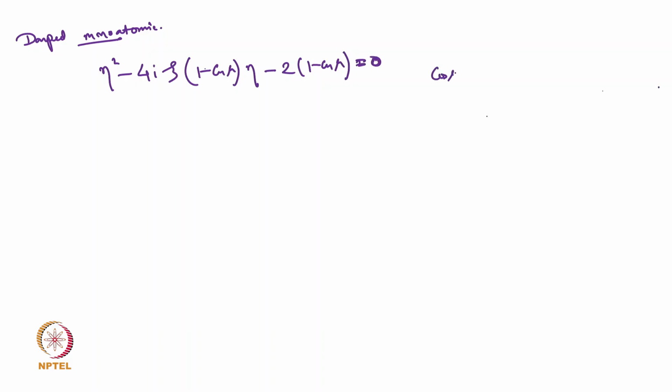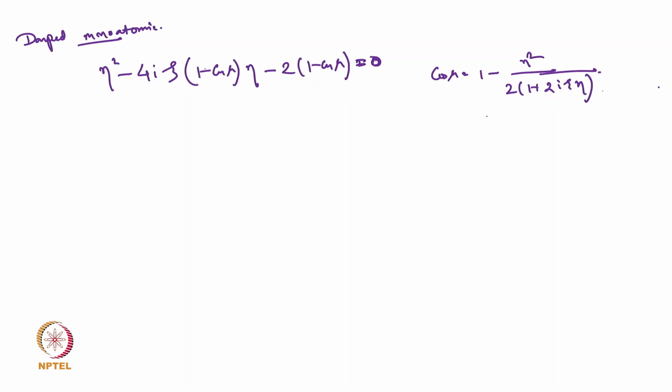From the dispersion we can get cos mu equal to 1 minus eta square divided by 2 into (1 plus 2 i zeta eta). That we get from the dispersion relationship.